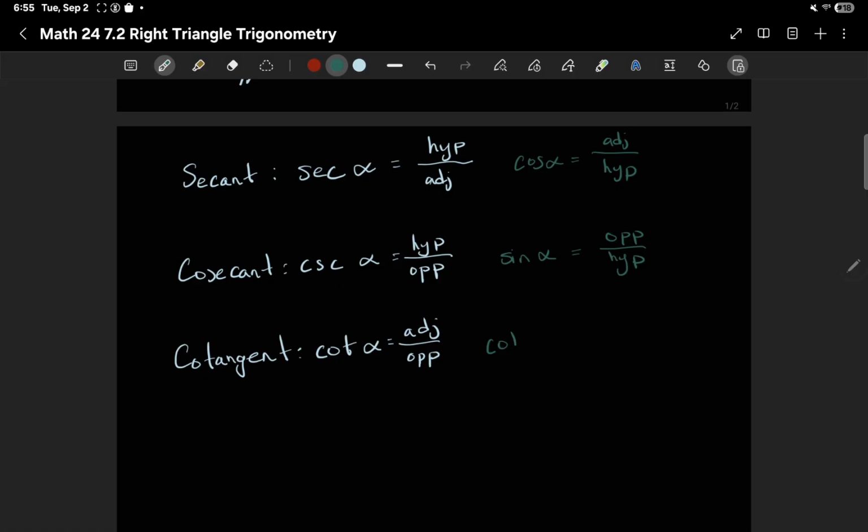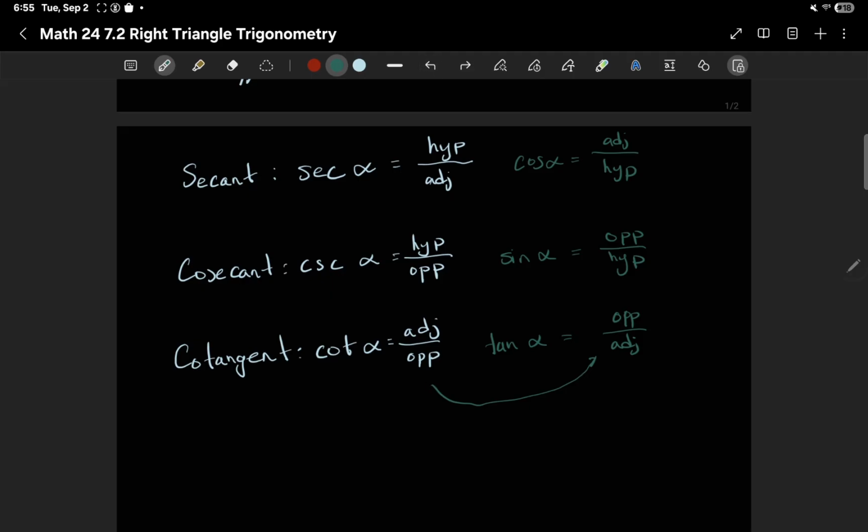And tangent of alpha was equal to opposite over adjacent. And hopefully you can see the relationship that secant to cosine, cosecant to sine, and cotangent to tangent are essentially the same proportions, but just flipped.